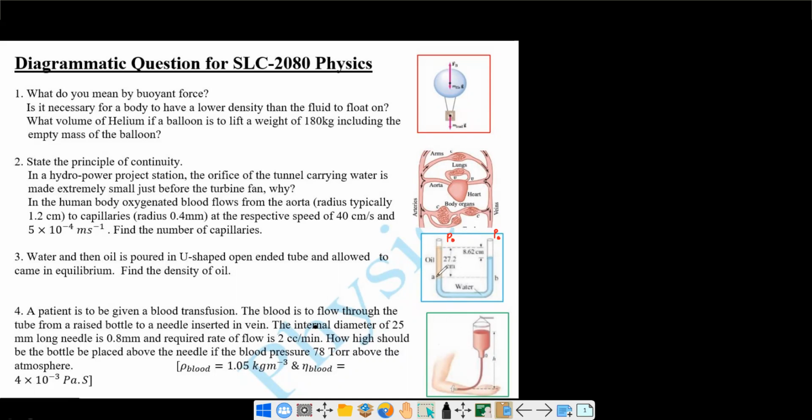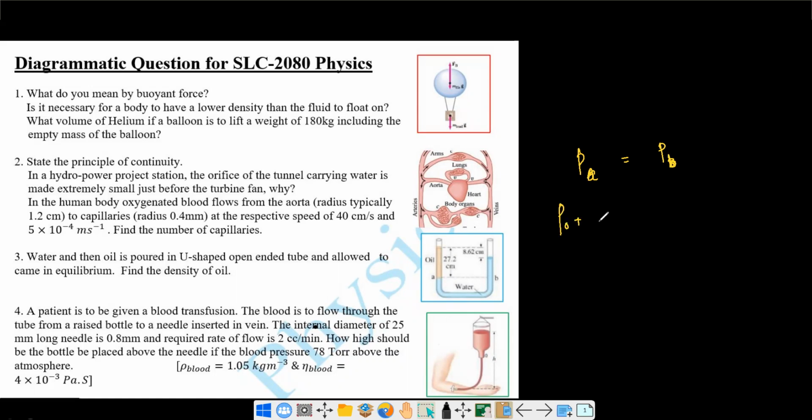The pressure here is P naught plus the liquid, this is oil, and the other is P naught plus the amount of water in here. Utilizing these two pressures, we can easily calculate the magnitude of the density. When the liquid is in a stationary, static state, the pressure in the given horizon is always constant.